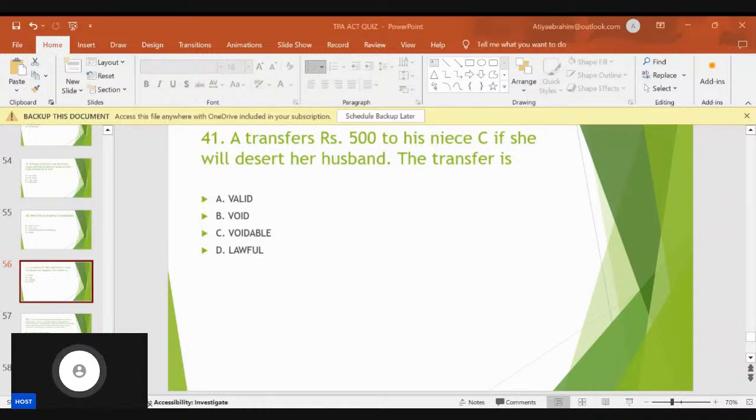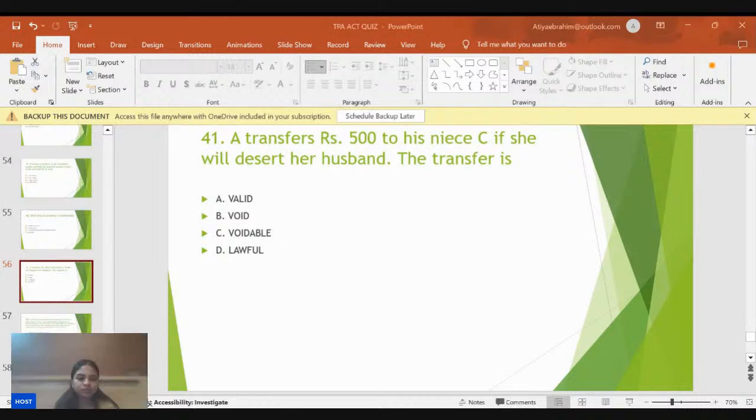So what kind of transfer is this? Void, valid, voidable? Priyanka says void. Durva also says void. Yes. Under which section? आपको ये illustration किस section में मिलता है? Under which section do you get this illustration, students?